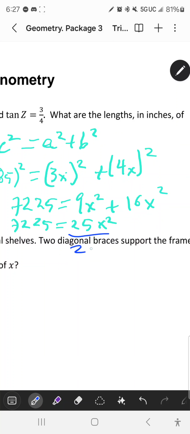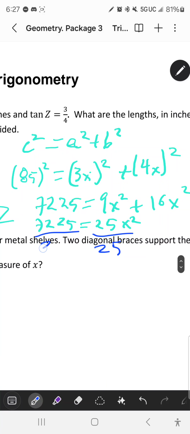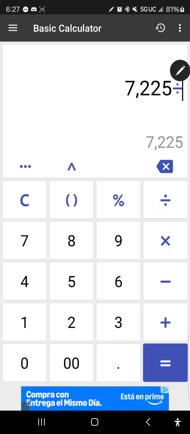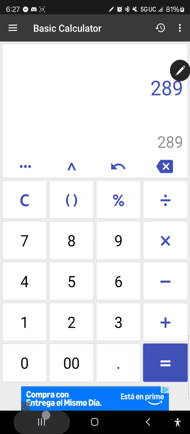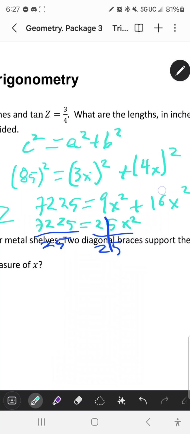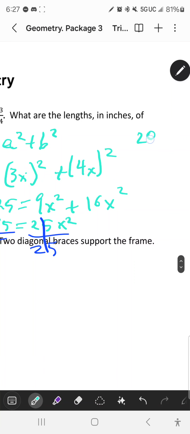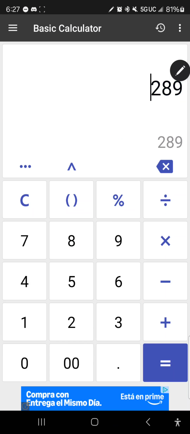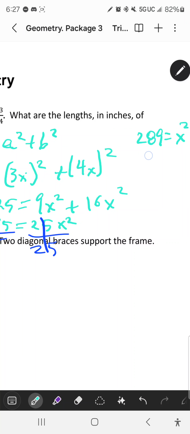Now I will divide both sides by 25. So this cancels out here, and 7,225 divided by 25 is 289. 289 then equals x squared. And now I use the square root of 289, and I get 17. So 17 equals x.